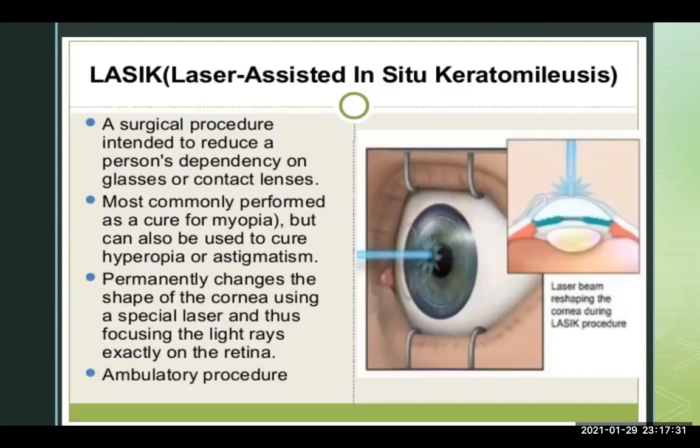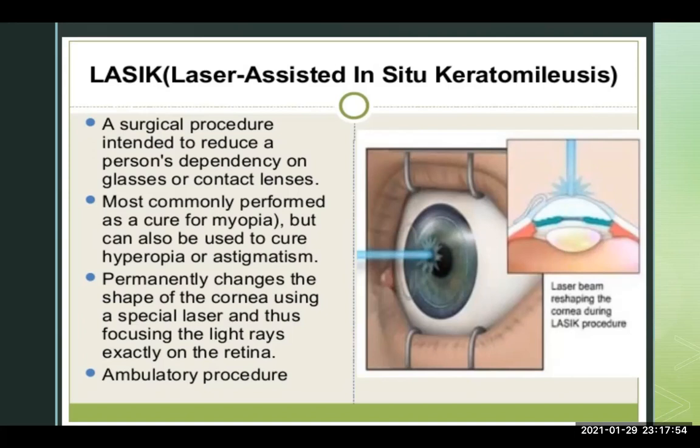LASIK is the same kind of surgical procedure, intended to reduce a person's dependency on glasses. Most commonly used for myopia, nowadays it is also used for hyperopia and astigmatism. It permanently changes the shape of the cornea, but there is a flap creation of 100, 110 or 120 micron thickness.